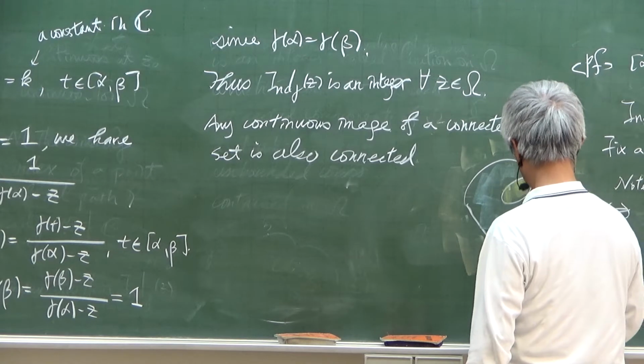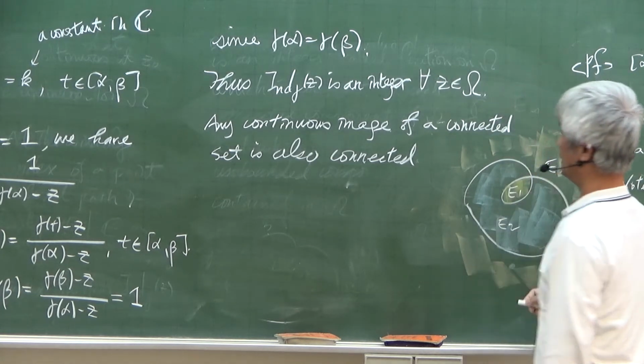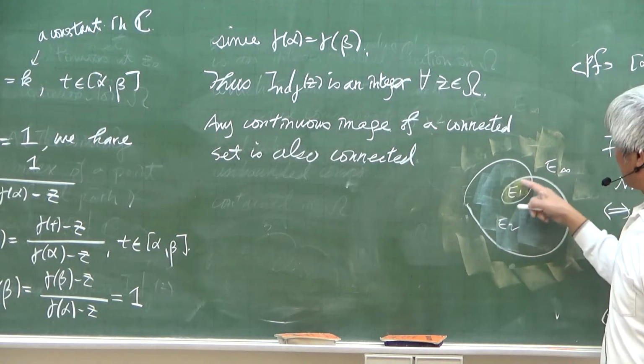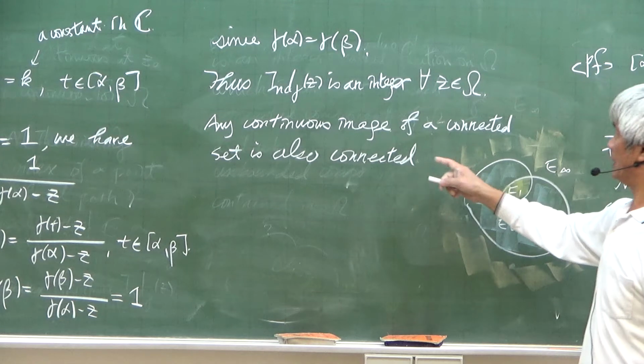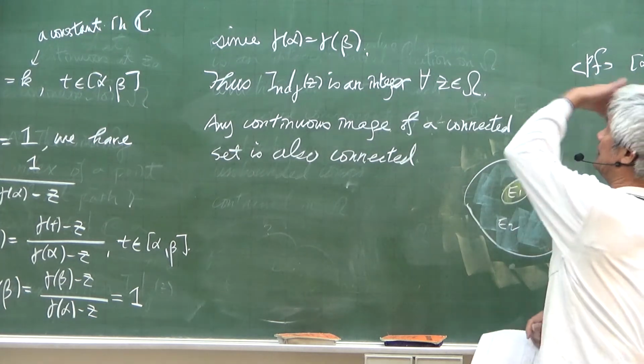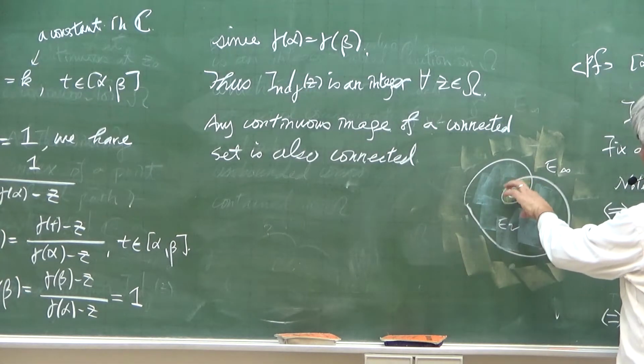So I say this is E1, E2, E infinity. For this example, this is a component, and it's connected. A continuous function, because you can think about the index function as a continuous function on E1.